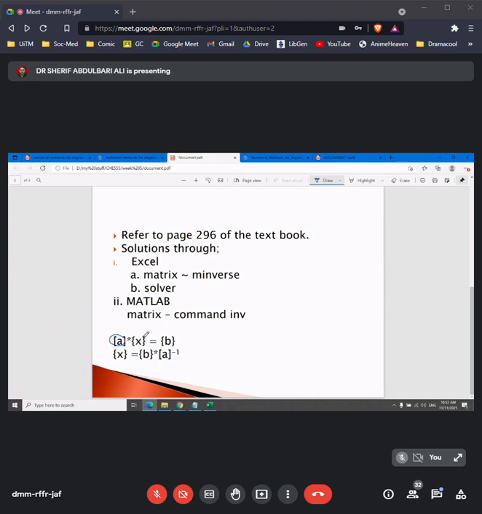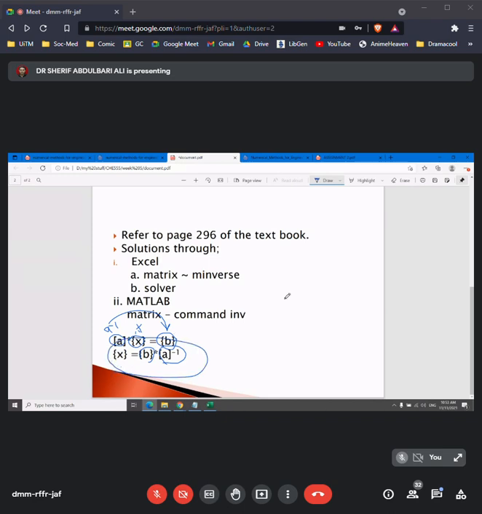This is the matrix A, this is the unknown x1, x2, x3, and this is the constant B. We inverse matrix A and multiply it with matrix B to get the values of x1, x2, and x3. In both Excel and Matlab, we follow exactly the same approach.